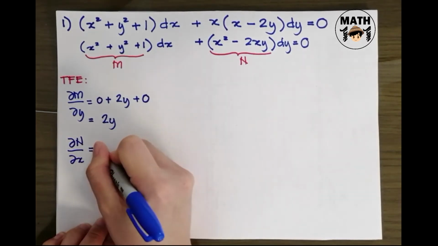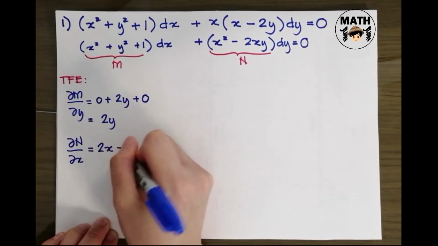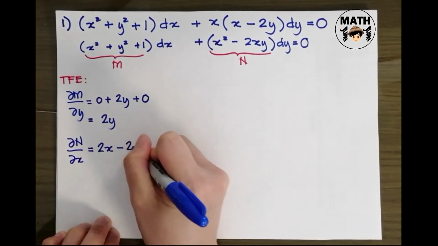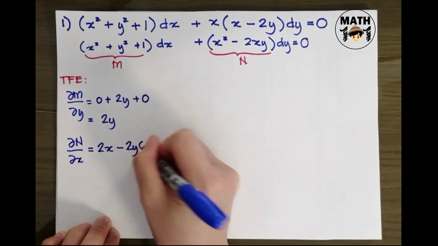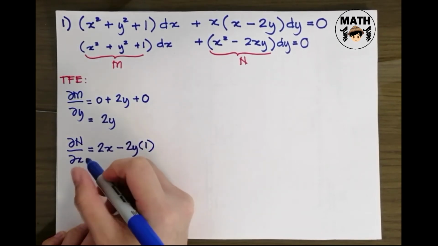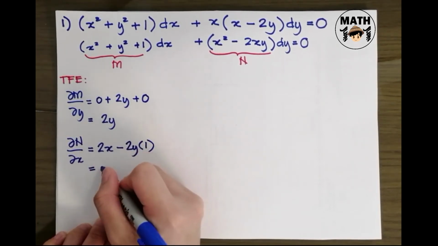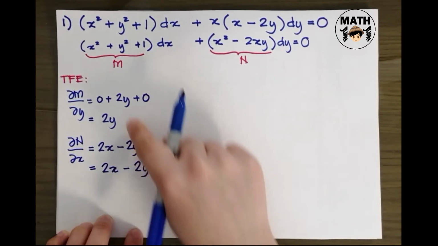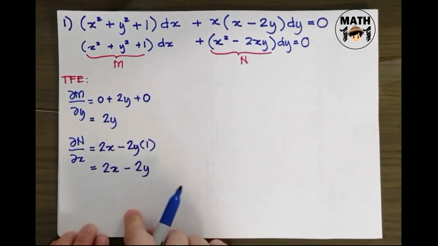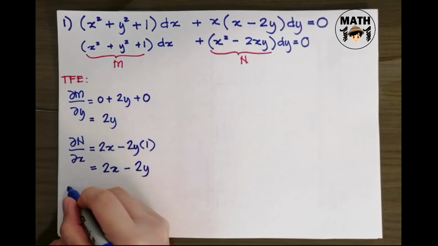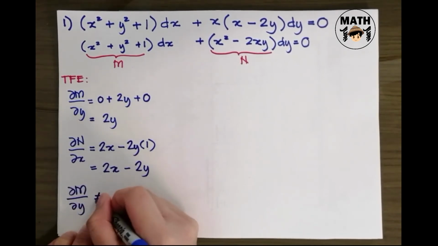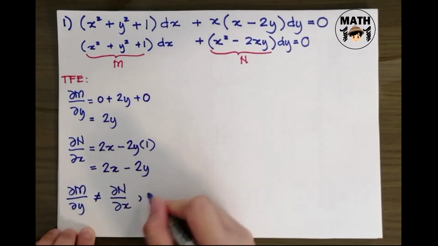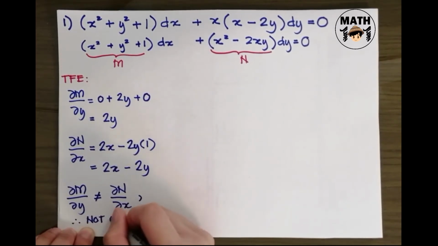The derivative of x squared is 2x minus the derivative of 2xy, so 2y, since the derivative of x is 1. Let's simplify this again. We'll get 2x minus 2y. Comparing these two, we can say that they're not equal. Therefore, this differential equation is not exact.